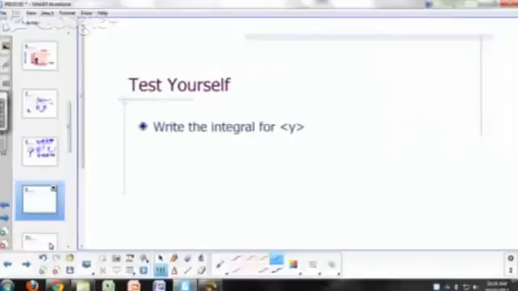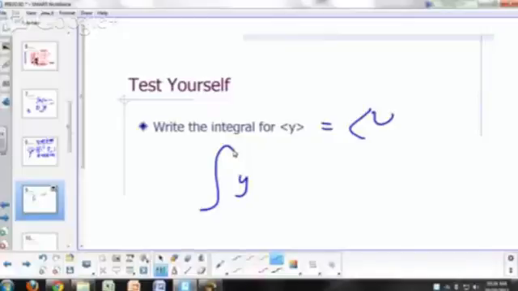So what would be your integral if you wanted to calculate the average y coordinate of your particle? Integral of psi, y operator, which is just a multiplicative operator, y psi, right, in bracket notation.